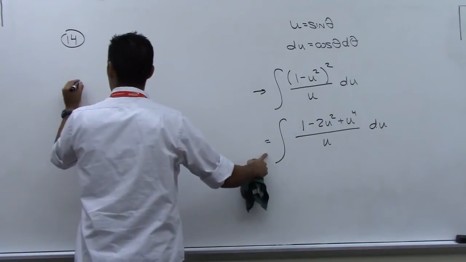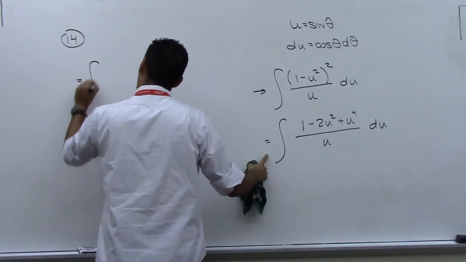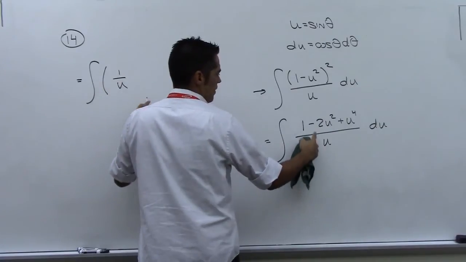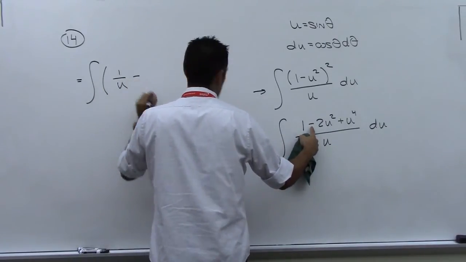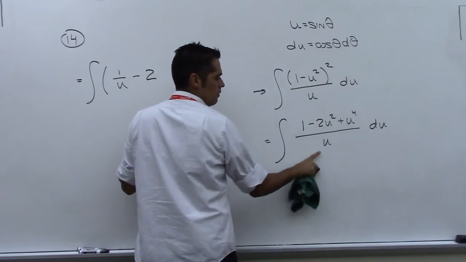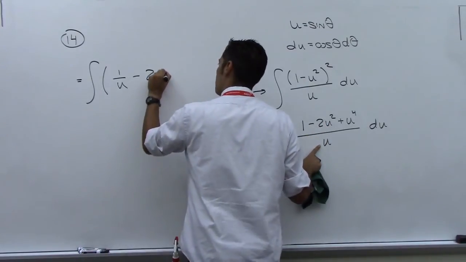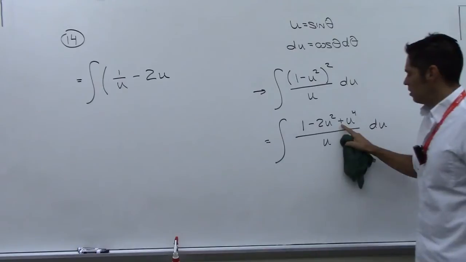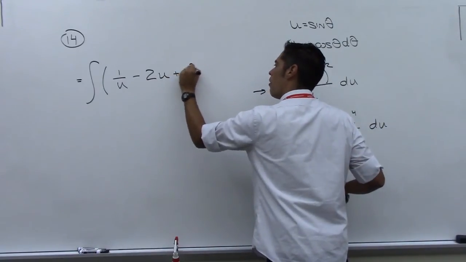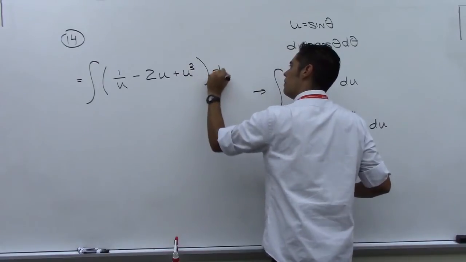So this becomes integral, okay, first one, 1 over u, and then minus 2, and then u squared over u is just u, and then plus u to the fourth over u is u cubed, du.